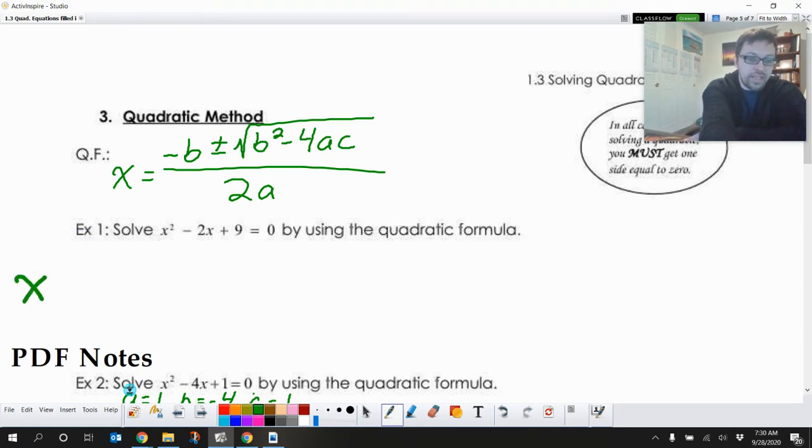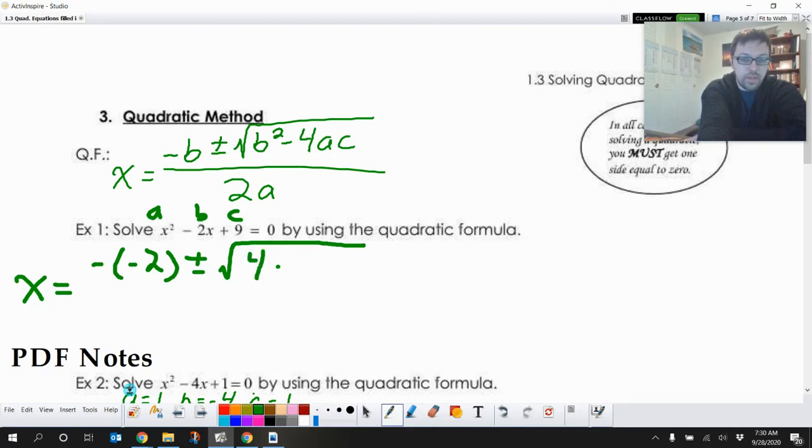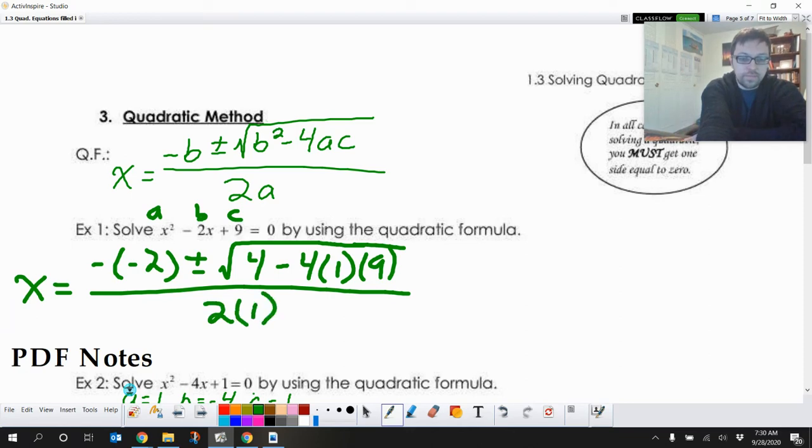So we get x equals opposite our b value, which is negative 2. In this case, reminder, it goes a, b, and then c, plus or minus the square root of b squared. Well, I know that it's 4 minus 4 times my a value, which is 1, my c value, which is 9, all over 2 times our a value, which is 1.